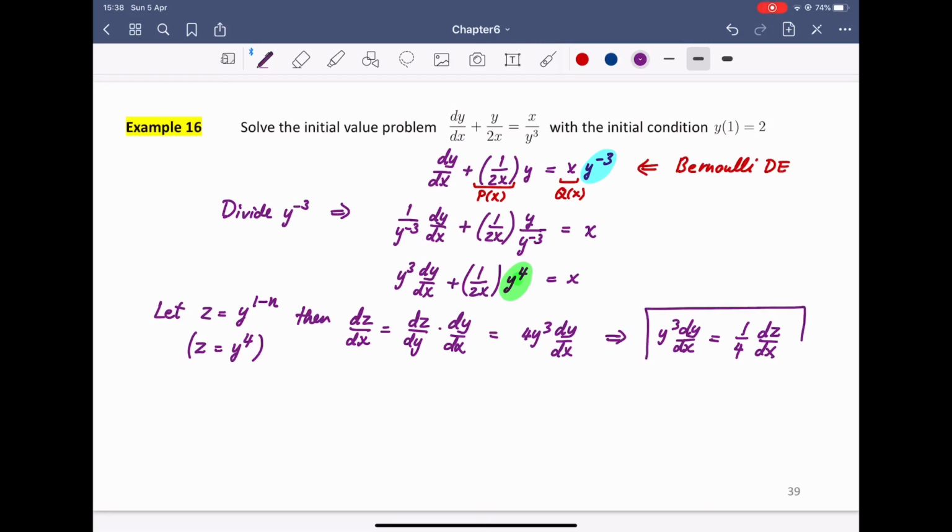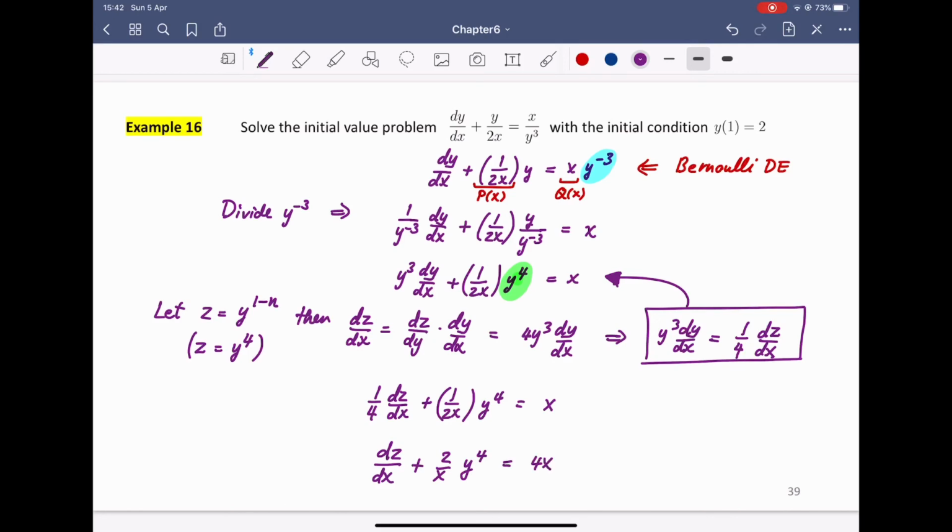Now I can use this equation in the box to plug back into the equation I just pointed out. What I get is 1 over 4 dc/dx plus 1 over 2x times y to the 4th power equal to x. Multiplying by 4: dc/dx plus 2 over x times y to the 4th power equal to 4x. Now I can switch y to the 4th power to c as well, because they are the same thing.